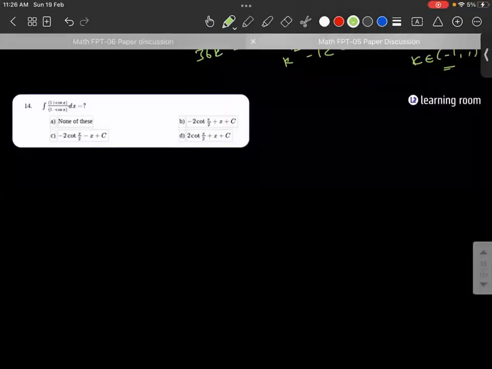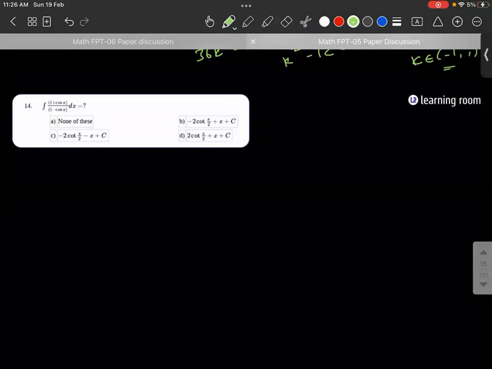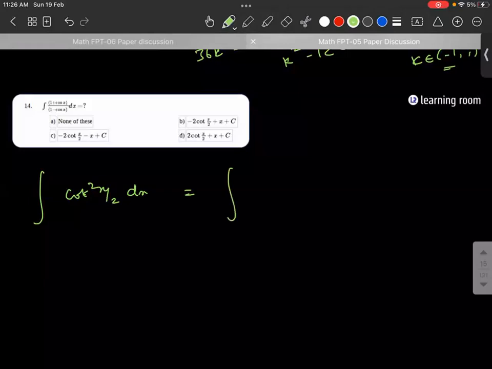Yes, sir. This sum, sir. Directly, 1 plus cos x is 2 cos square x by 2. 1 minus cos x is 2 sin square x by 2. 2 cancels. So you'll have cot square x by 2 dx. So for cot square x by 2, you directly don't have an integral, so write it as cosecant square x by 2 minus 1 times dx.